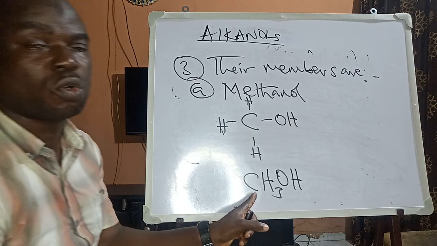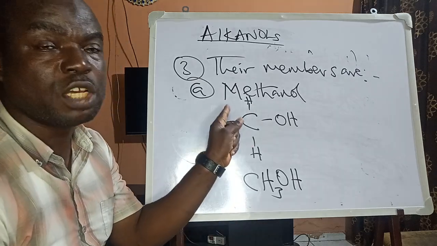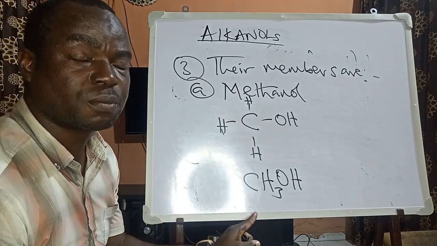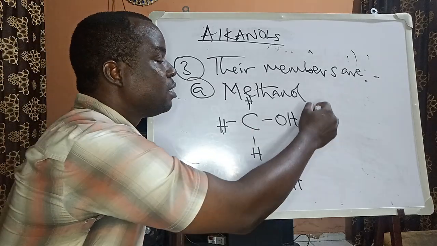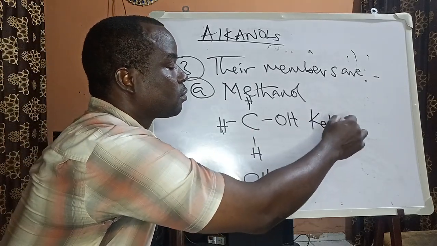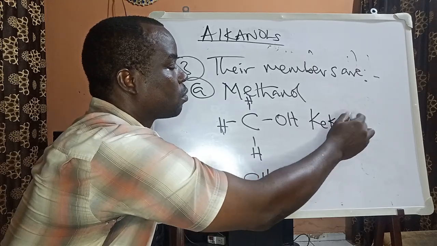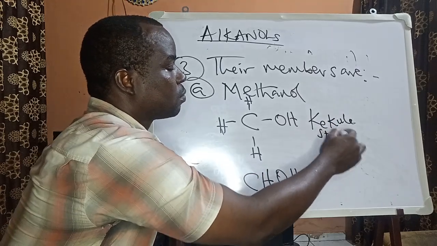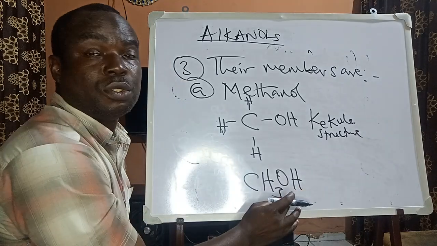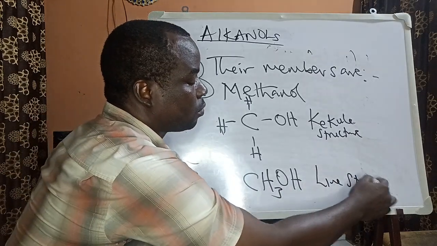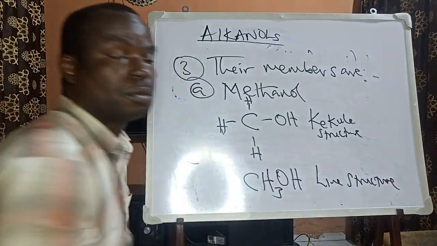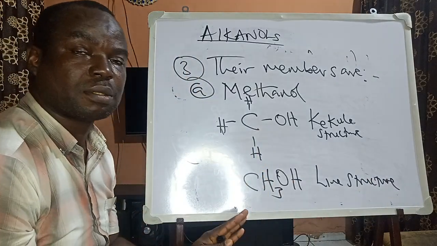This is the line structure of methanol. This one is Kekule, and this one is the line structure. Please take note of this, very important.